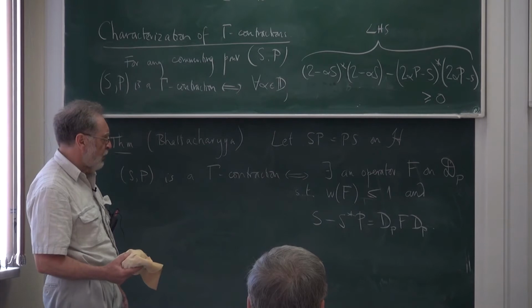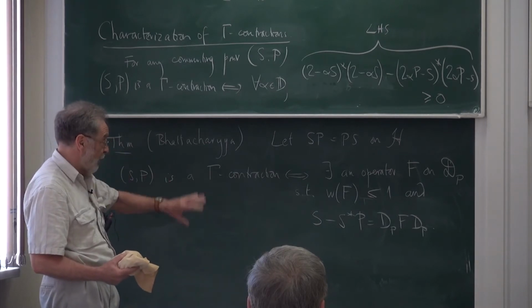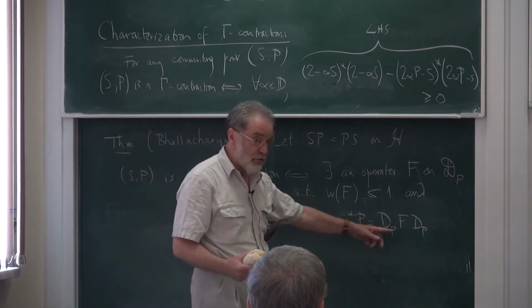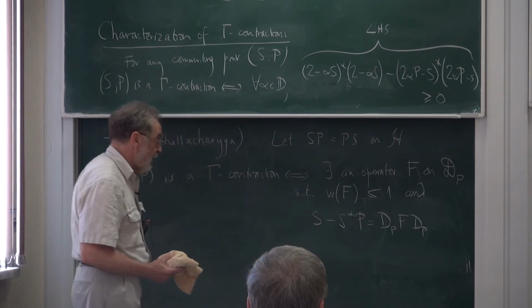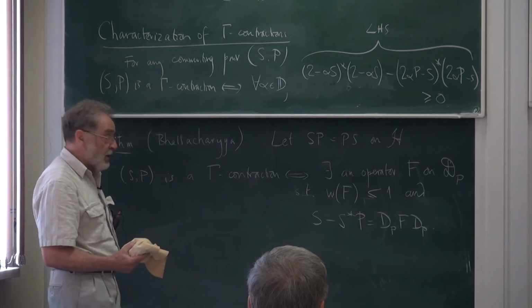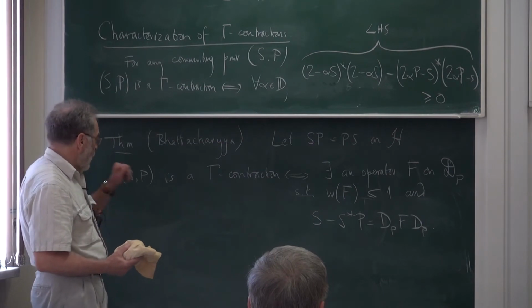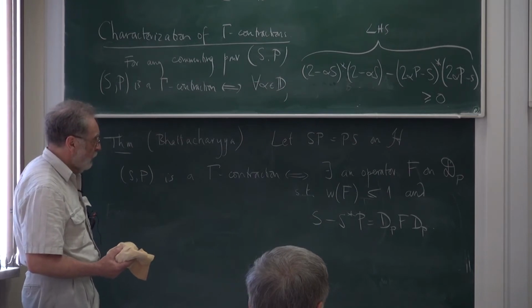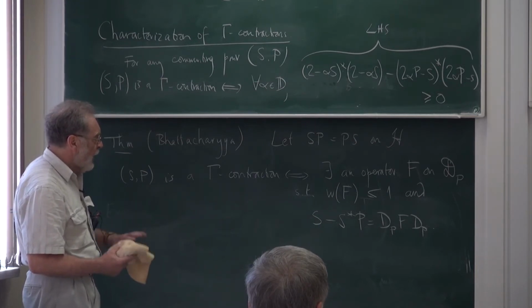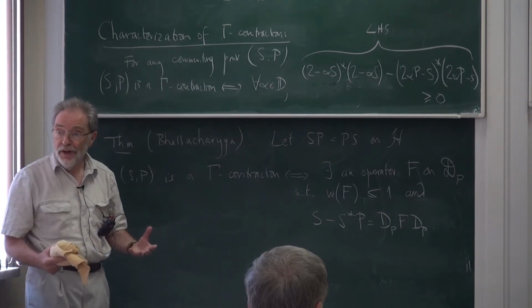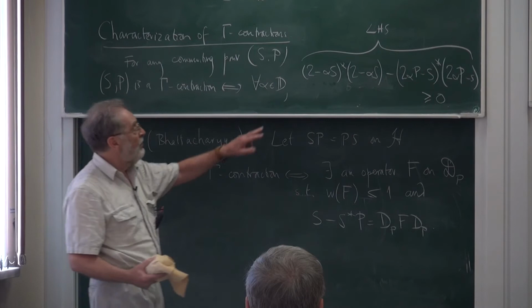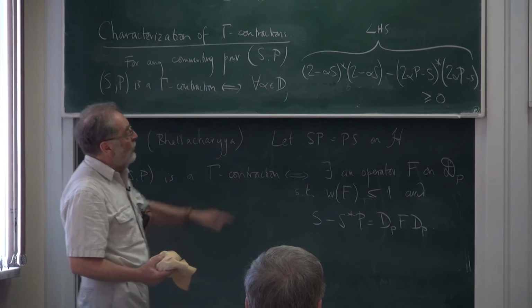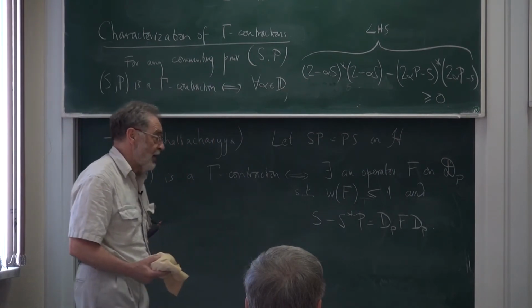In the case when P isn't a strict contraction, we did notice this as a fairly simple calculation to show that nevertheless there is such an f, and it has numerical radius less than or equal to 1. And also that's sufficient for S comma P to be a gamma contraction. And that's in some ways a rather nicer characterization, because instead of having to look at a whole one parameter family, as in this characterization, here we have a single operator.